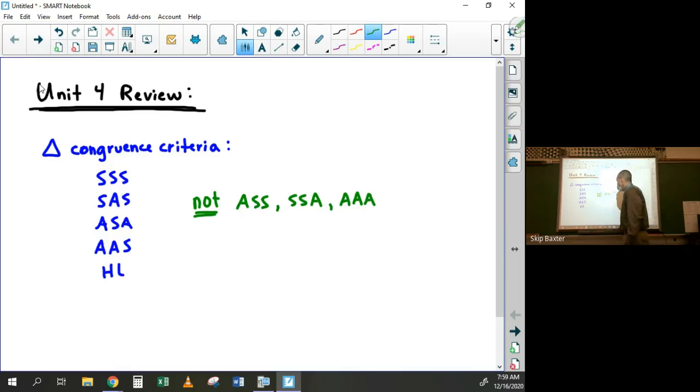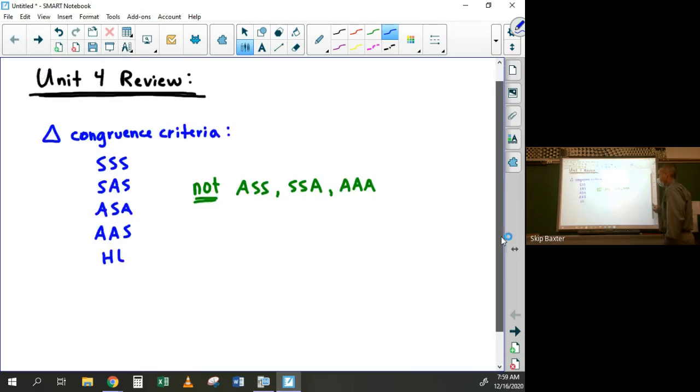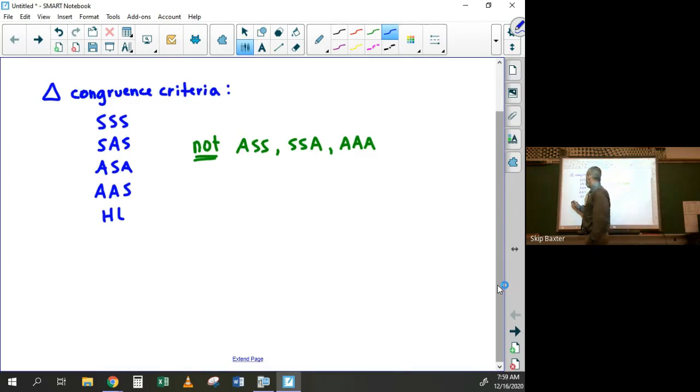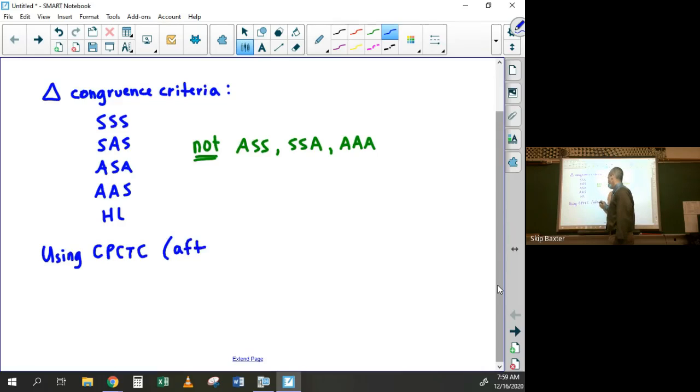In addition to simply proving triangles are congruent, we talked about using CPCTC after you've proven triangles are congruent.